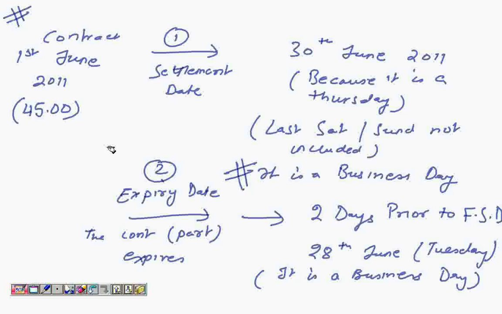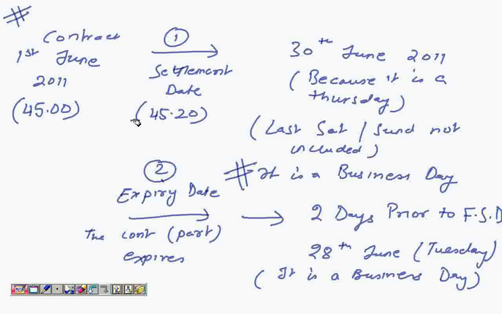We haven't sold it or done anything else in this contract, and it expires. At the settlement date, you'll get the difference between your buying price and the settlement price. The settlement price was, let's say, 45.20. So on 28th of June you stop trading in that contract. You cannot further sell it, and on 30th of June you will be paid the difference.